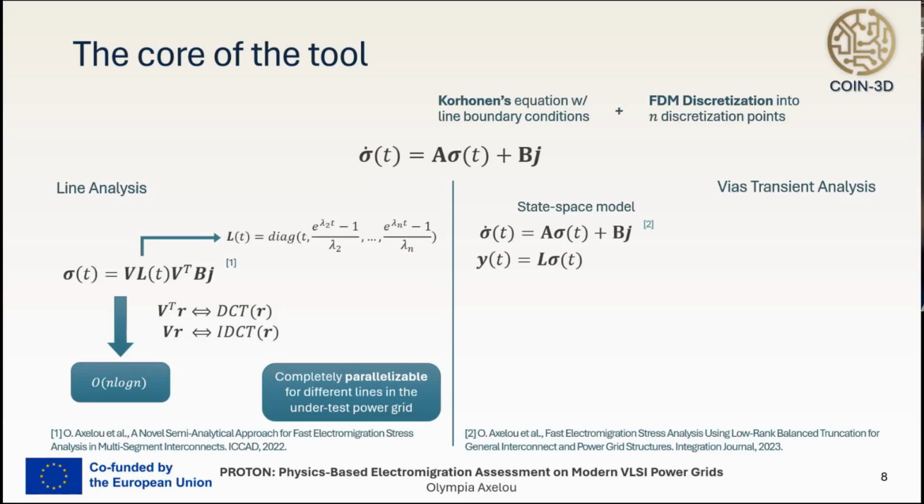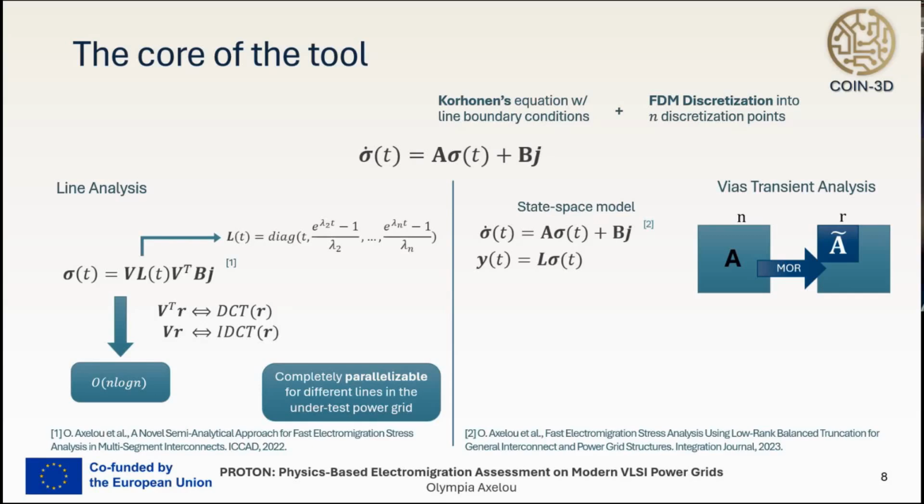Here, in order to do that efficiently, beginning from this state space model that our tool has, we employ an EKS, extended Krylov subspace model order reduction method, in order to lower the complexity of the system by projecting it to a much lower dimension subspace.